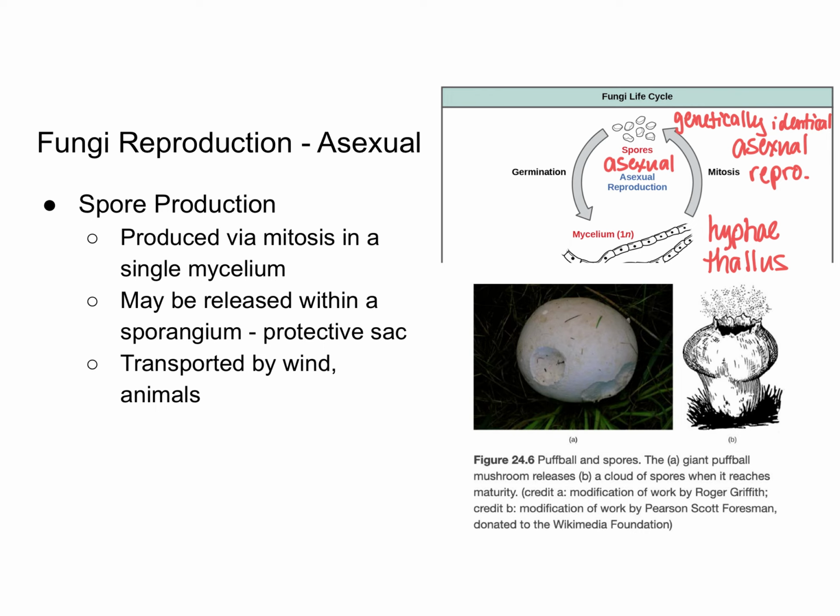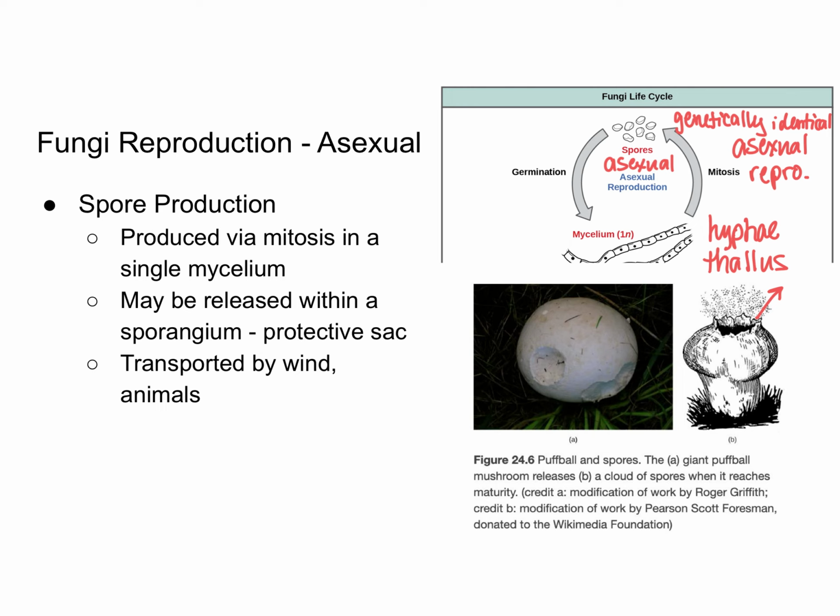So the spores produced are then going to be released into the environment, and they might be released a number of different ways. They might be carried on the wind or on an animal or through water. You can see this picture here where the spores are being kind of released out of this puffball into the wind for them to be carried to another location.